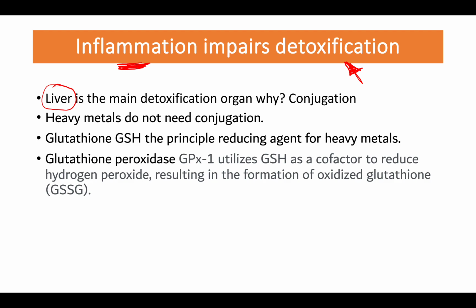So in the detoxification process, we have two things we need to detoxify: the toxins from bacteria and the toxins from the heavy metals. These two go to the liver, and the toxins from the bacteria need to be oxidized first. Why? Because after oxidation, they will bind to a binder called glutathione.